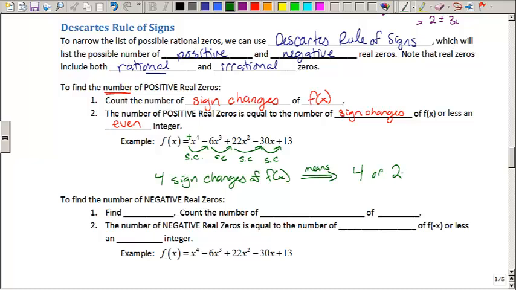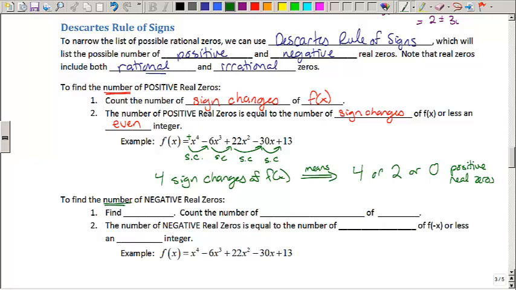And let's subtract 2 again. 2 minus 2 is 0 positive real zeros. So I might have 4, or I might have 2, or I might have 0 positive real zeros. So if I'm picking, this might not actually help me too much about narrowing it down. It says I might have a lot of positives. Let's take a look at how to find the number.